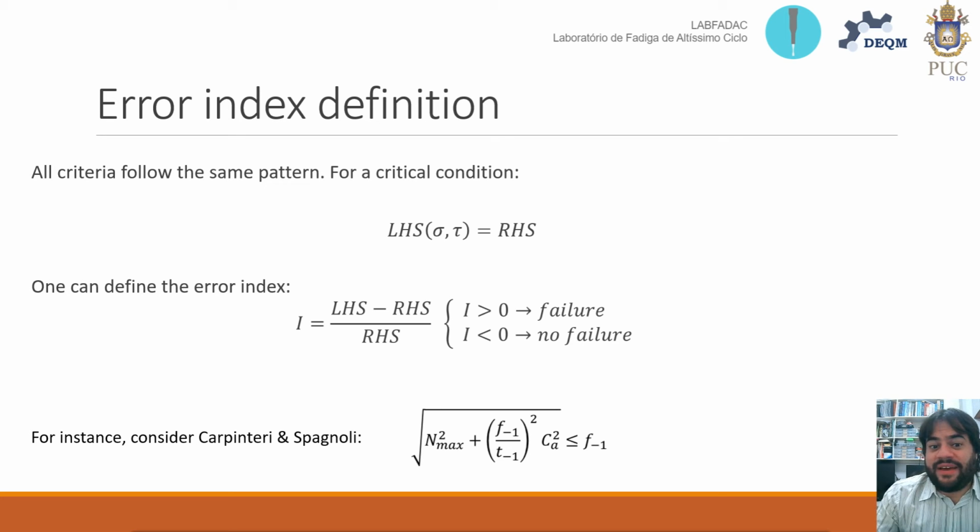So if the left-hand side is greater than the right-hand side, if you look at the equation that is associated with I, this numerator is going to be positive. And once that happens, it means that the criterion is indicating failure. Alternatively, if the right-hand side is greater than the left-hand side, this will give a negative error index, and this indicates that the material should resist.